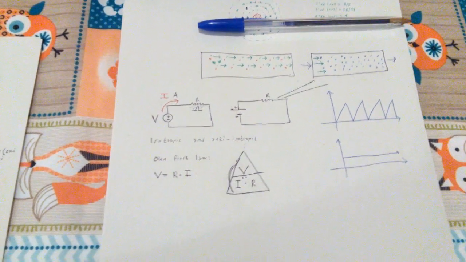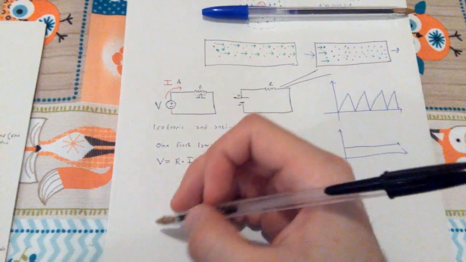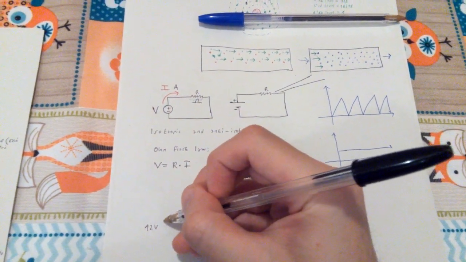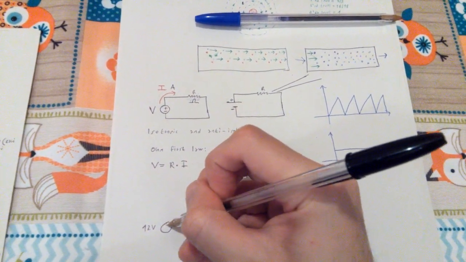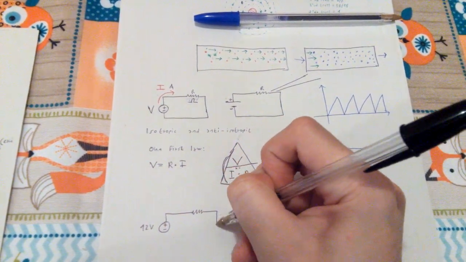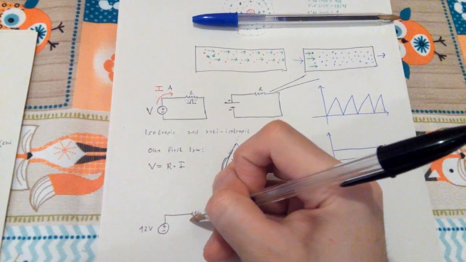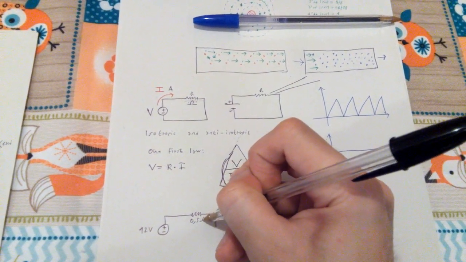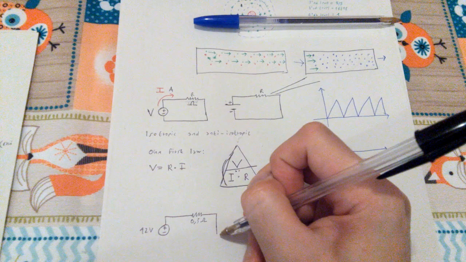So let's do something very simple. Let's suppose that we have a 12-volt battery over here and a 0.5 ohm resistance over here.